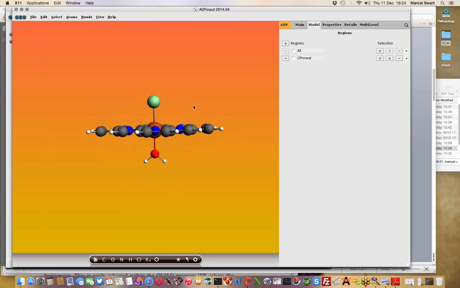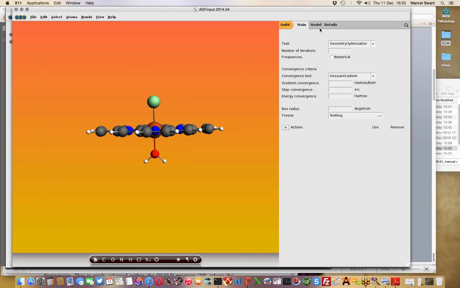keep the porphyrin cleaner. And this is something which you can actually also do with QUILD.